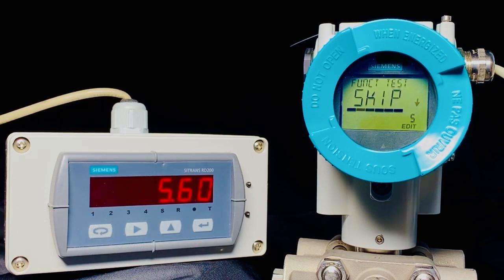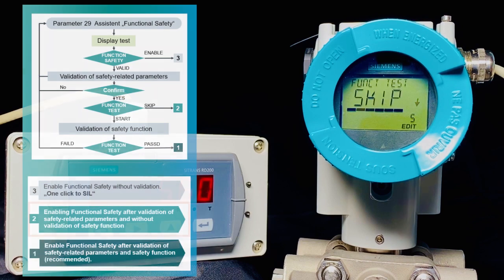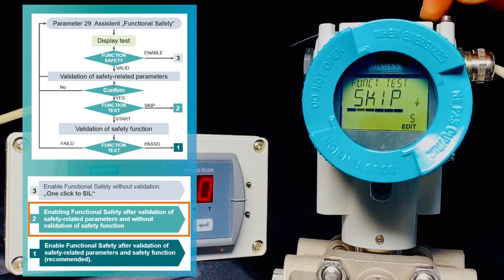Now we want number 2, activation of functional safety after validation of safety-related parameters and without validation of the safety function, and confirm with the right arrow button, skip function test. The device is in the device mode, safety mode on, and the display now shows disable. The wizard can now be used to deactivate functional safety.